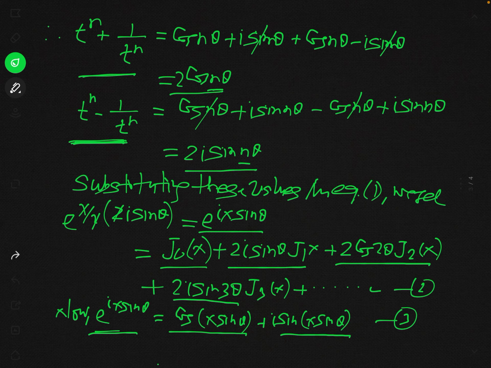We will combine all these imaginary terms, and again 2 appears as a common factor, and the integers multiplied with theta are odd integers: 1, 3, 5 and so on.